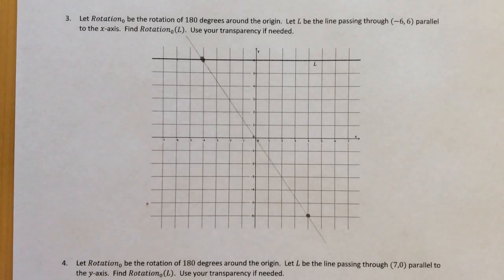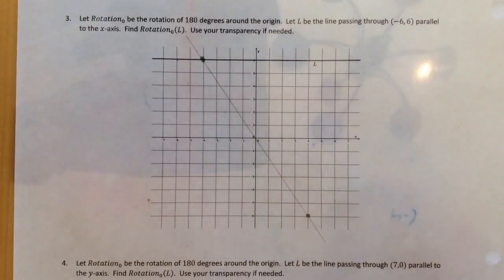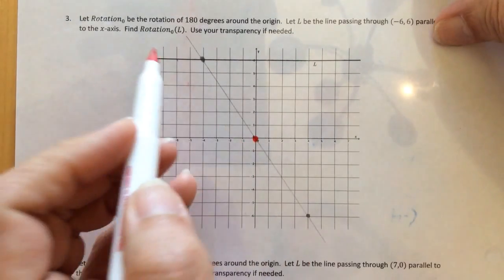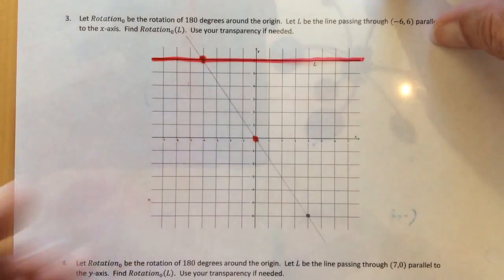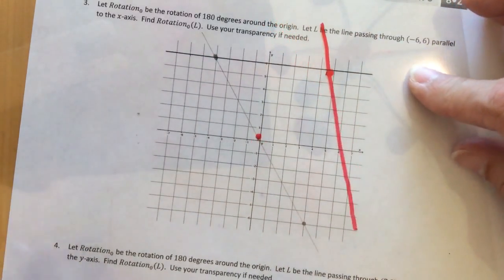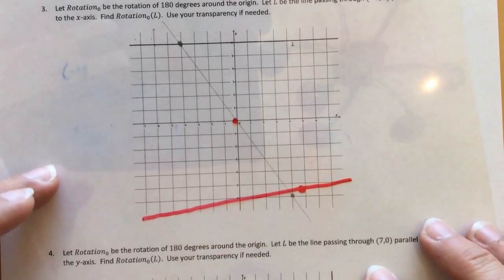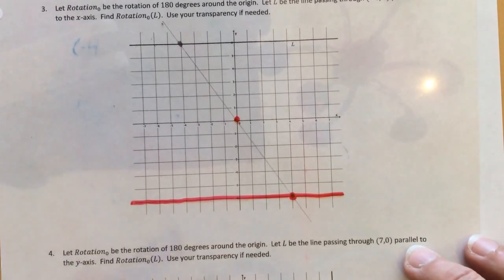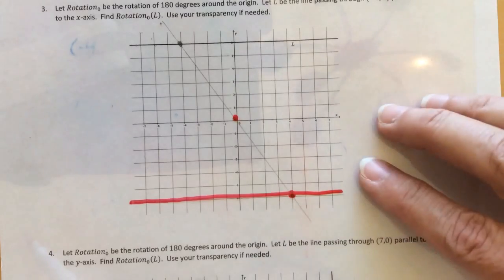But what I can do now is take my overhead, mark my center of rotation and my line, and mark that point too, and rotate about the origin. 180 degrees is when the image of that point matches up with the original point, and there's my new line.